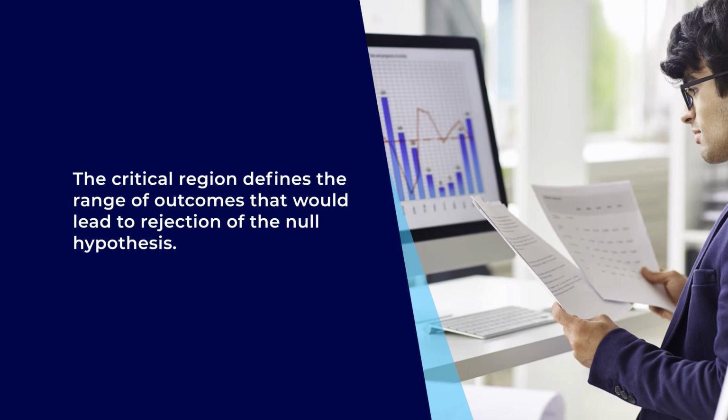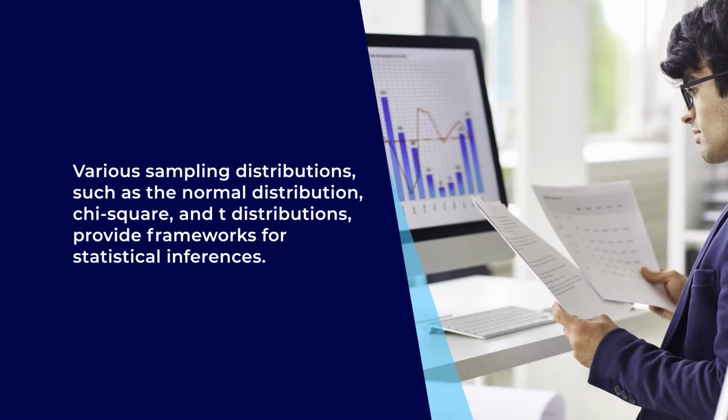The critical region defines the range of outcomes that would lead to rejection of null hypothesis. Furthermore, the confidence level quantifies the certainty associated with our findings. Similarly, various sampling distributions such as normal distribution, chi-square, and t-distributions provide a framework for statistical inferences.